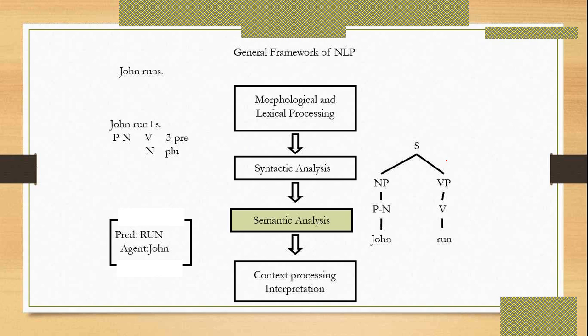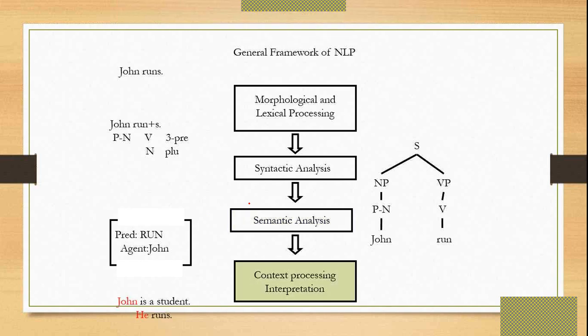In the semantic analysis, you can find the semantics of this word, that is run, and there is an agent that runs. You find out some semantics from this. Then you can do context processing and interpretation.